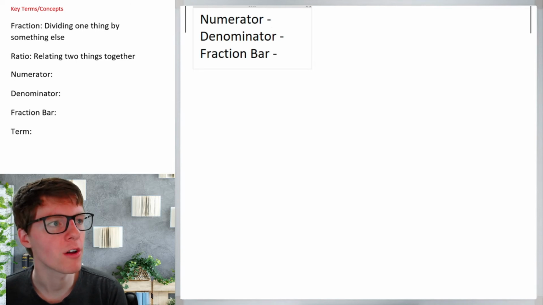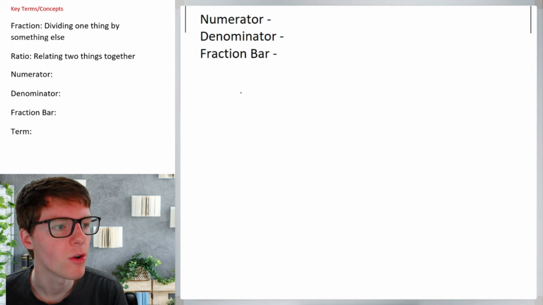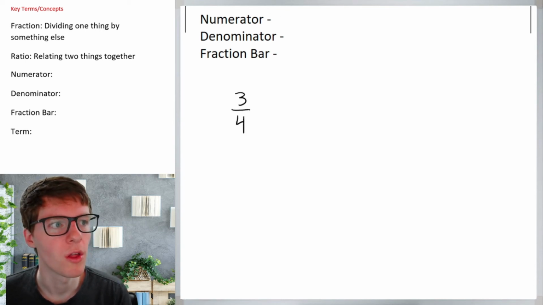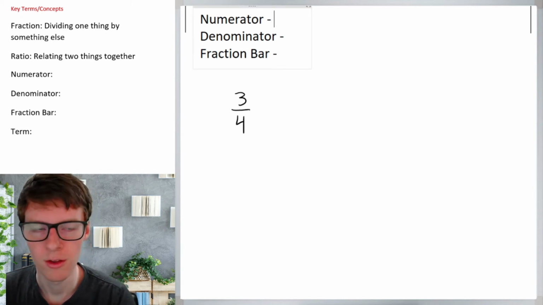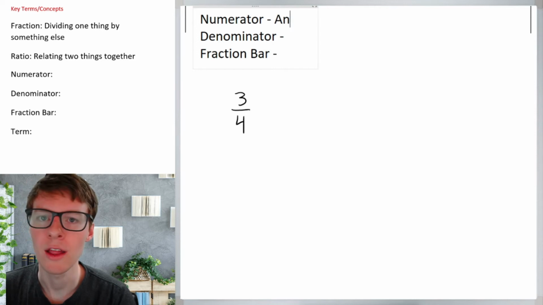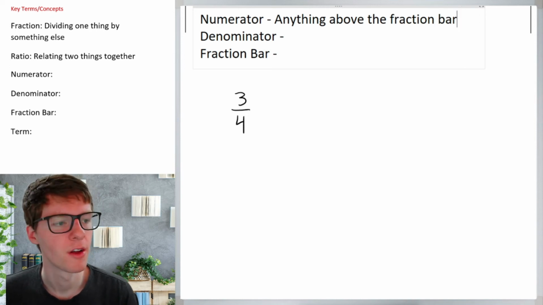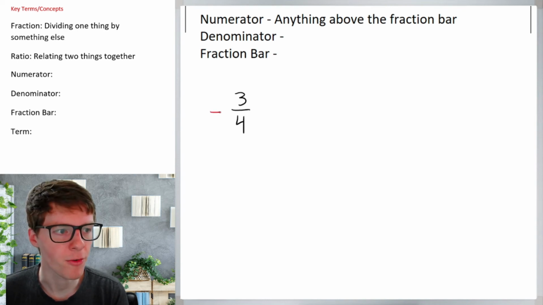So let me pull back our old 3/4 fraction, and we can go through each of these terms. So the numerator is whatever is on top. Anything above the fraction bar is your numerator. In this case, I haven't said it yet, but our fraction bar is this horizontal line here.